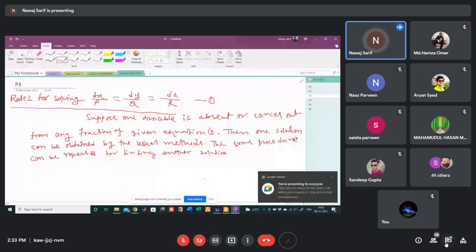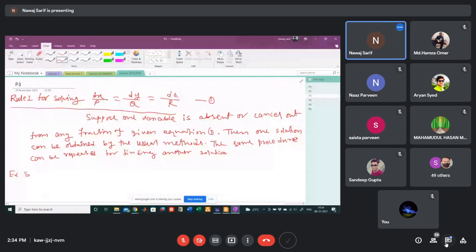So see this example. Solve y square p minus xy cube equals x into z minus 2y.